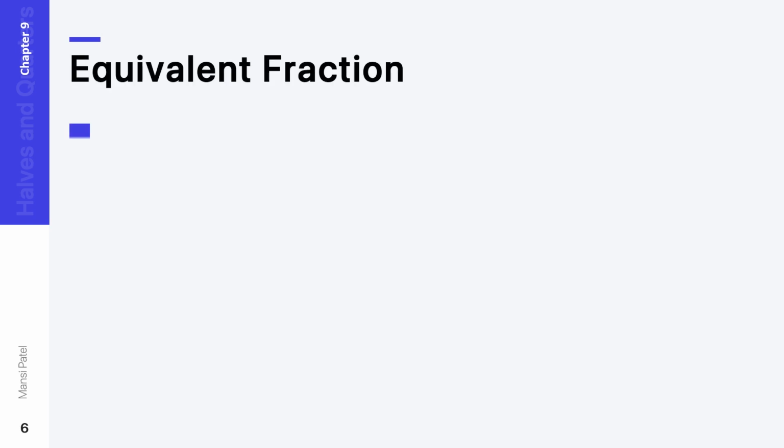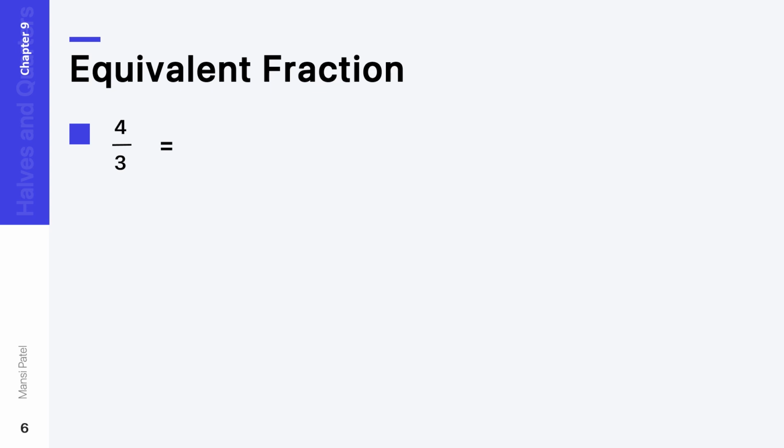Equivalent fractions. Now I am giving you one number, 4 upon 3. You have to find the equivalent fraction of this number. How do you find it? We already studied that. If you want to find an equivalent fraction, you just do multiplication or division.